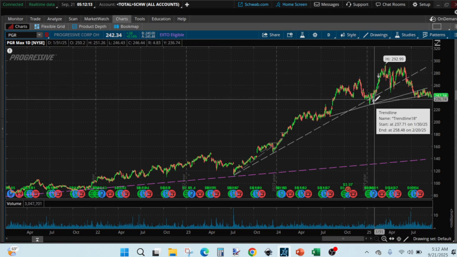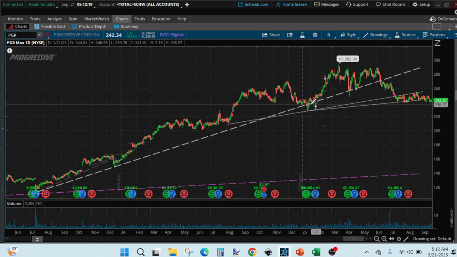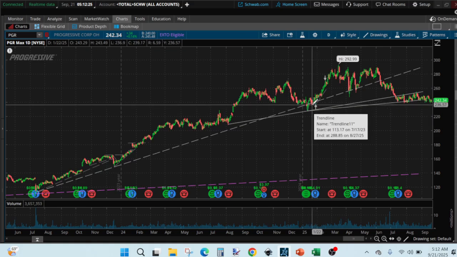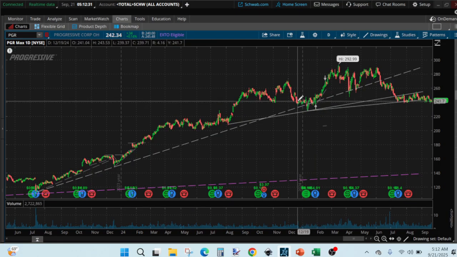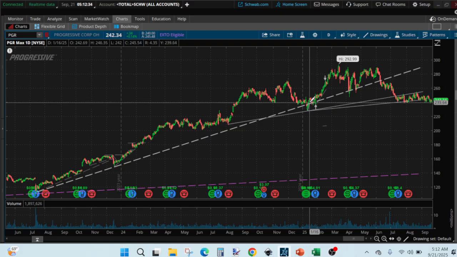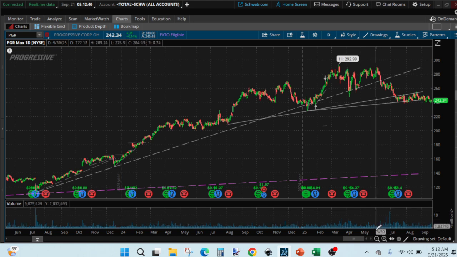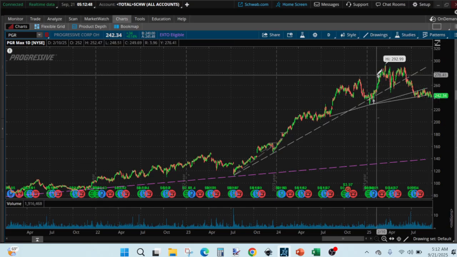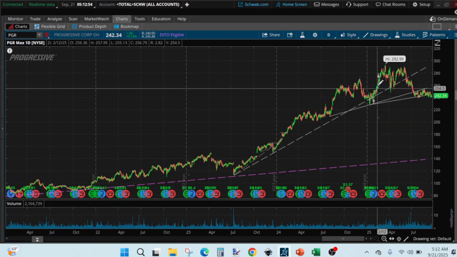It pulled back to this line, and then we purchased it there. This low is higher. Let's see, it's a little bit the same as this one, but yeah, it pulled back to it, started going up, pulled back a little bit, and we bought it at the green bar there. And then in January, we have the dates on the x-axis and the price on the y-axis. So in January, and we sold it a month later or so, in fact less than that, but yeah, a month.